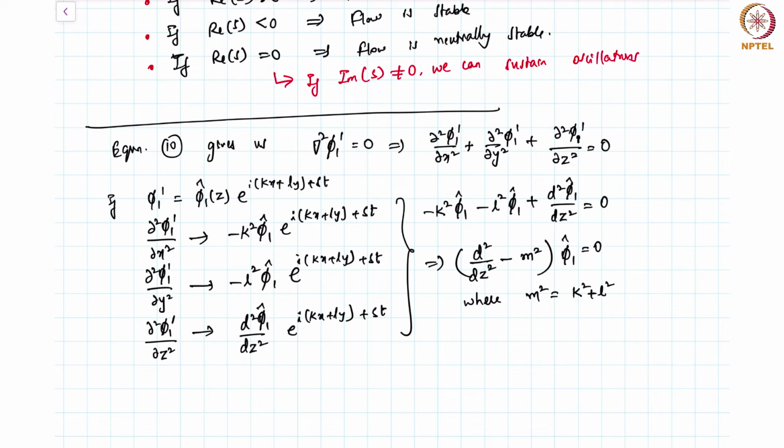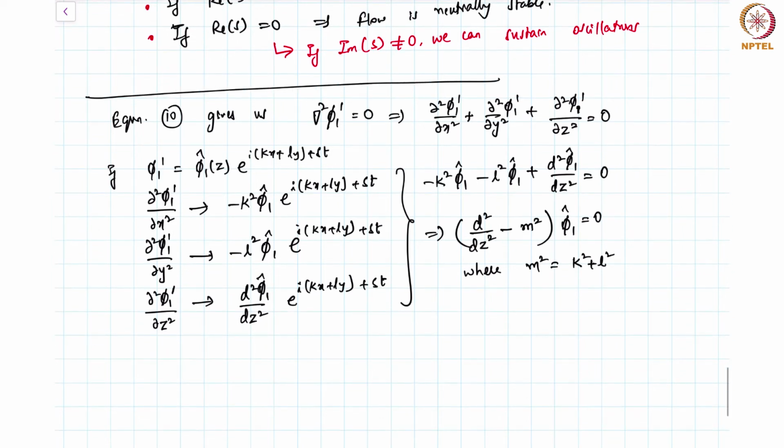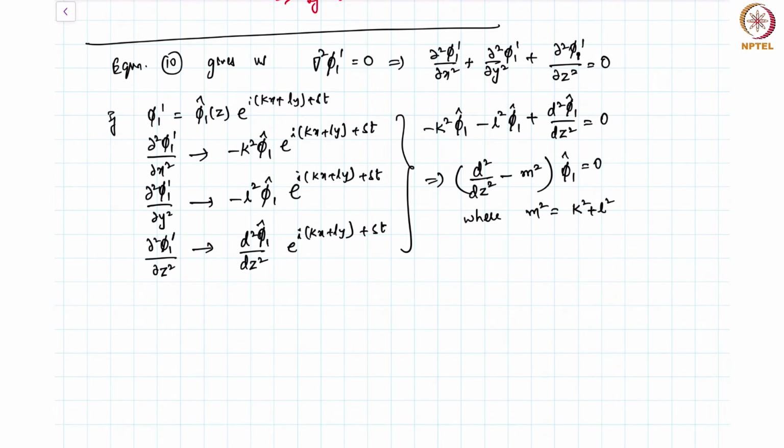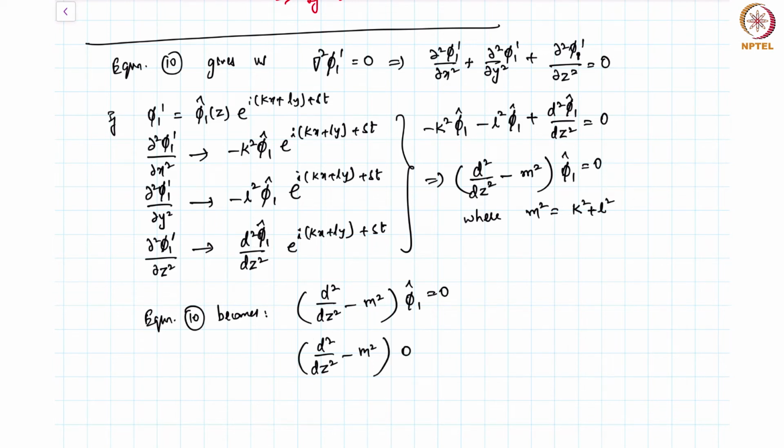And similarly, I can now write equation 10 becomes d square by dz square minus m square of phi 1 hat is 0, d square by dz square minus m square of phi 2 hat is also 0.